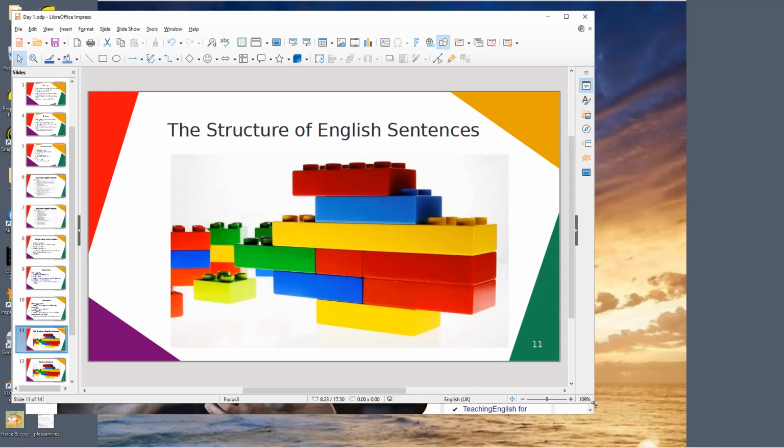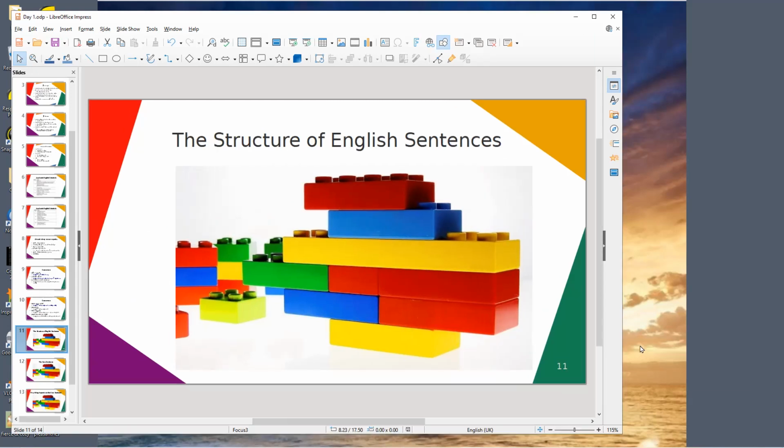This is going to be the biggest part of what we work on. If you have a huge vocabulary, often your first language grammar will come in and confuse your sentences and make it hard to get everything into the right place.